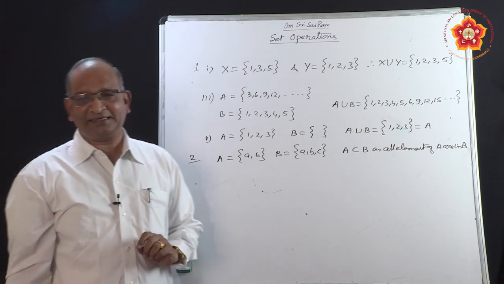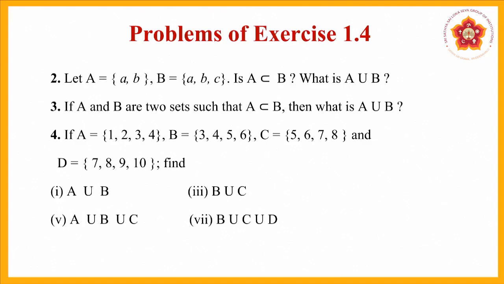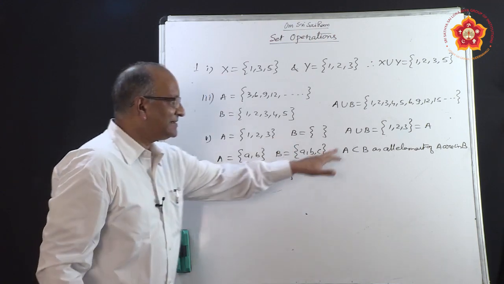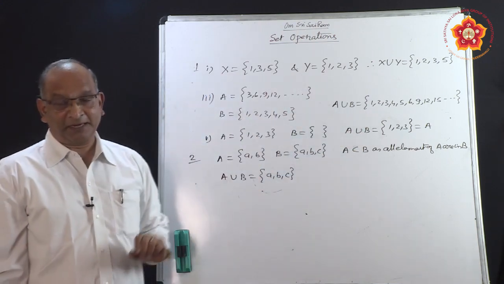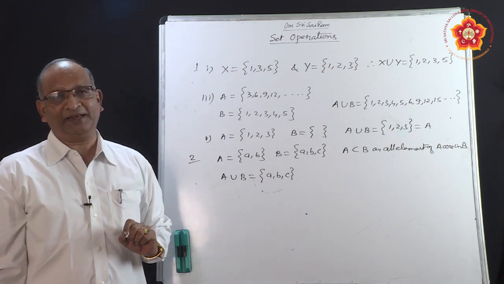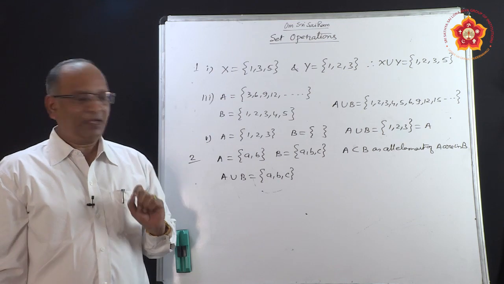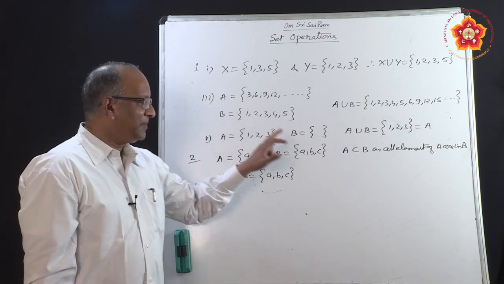Second thing he has asked in the same problem, he is asking what is A union B? Simply collect all the elements. Since A is a subset of B, remember this will be very, very useful later while doing problems. If A is a subset of B, A union B will be B only.